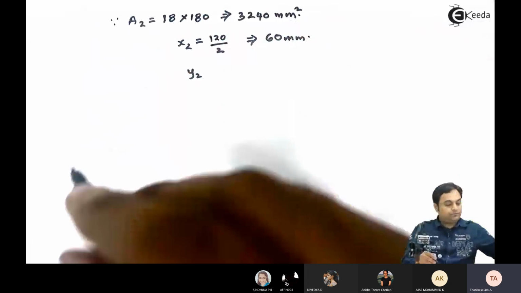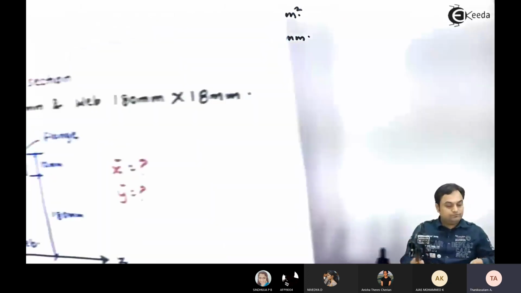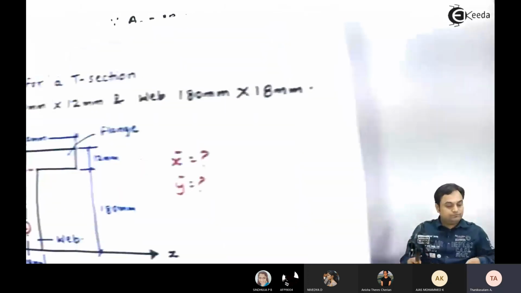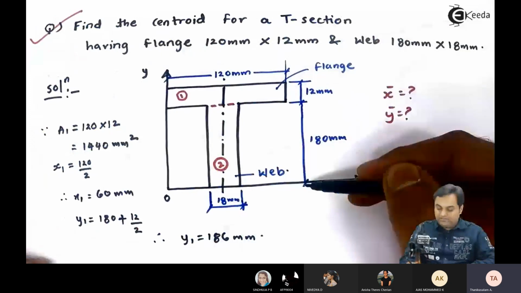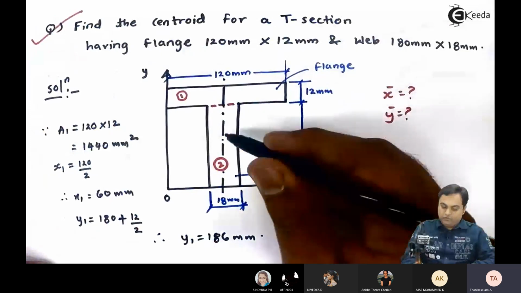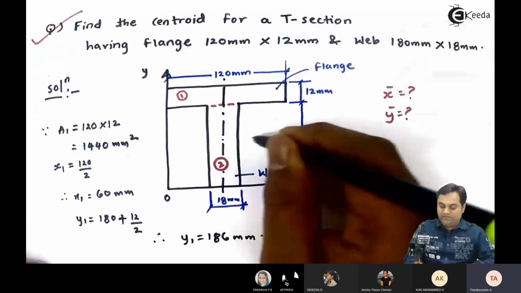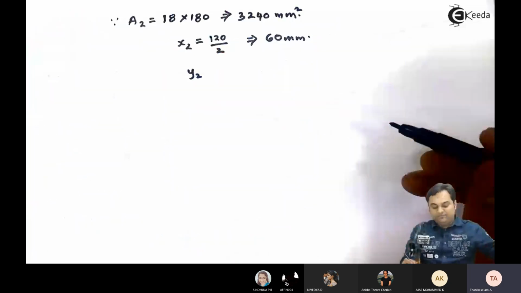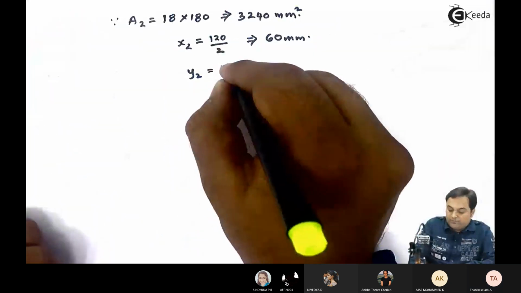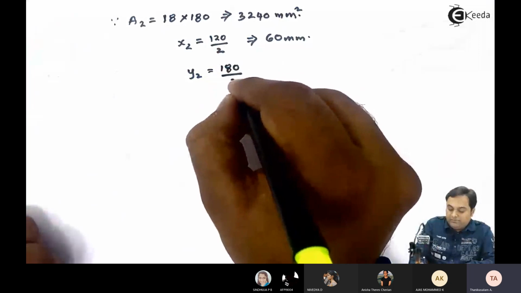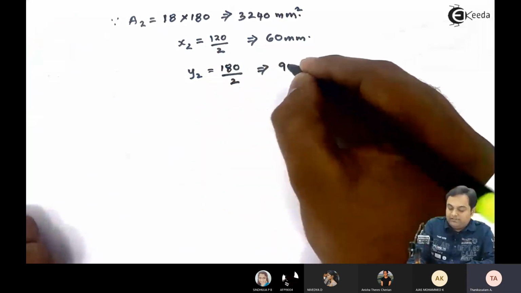Now y2: since the second rectangle has a height of 180 mm, the centroid for the second rectangle will be at half of 180. So y2 is equal to 180 divided by 2, so that is 90.